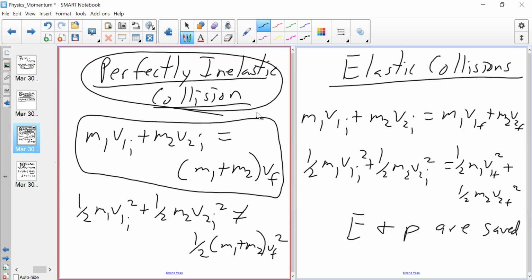They hit and stick and move off and cause all kinds of damage. But in the real world, we don't really have elastic collisions because we can't really model that. We can just use this as an approximation. So anyway, back to question number 1.